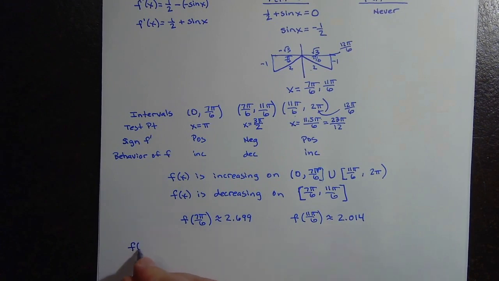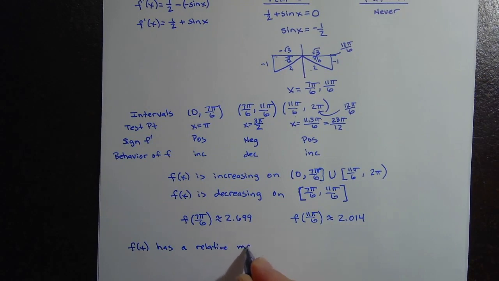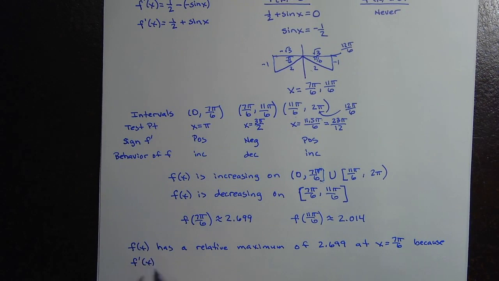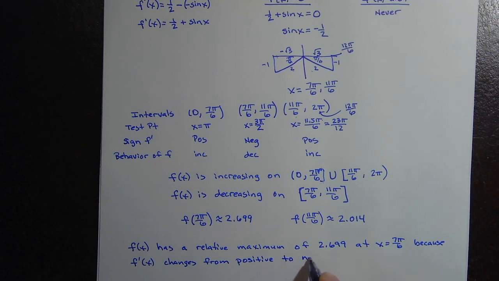So we'd say f of x has a relative maximum of 2.699 at x equals 7 pi over 6, because f prime of x changes from positive to negative.